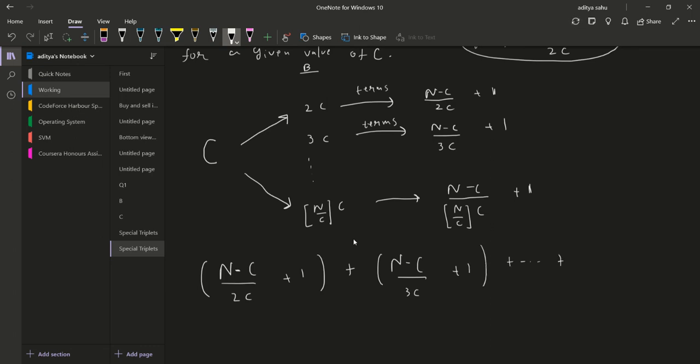Now note, the number of terms in this series is quite easy to determine. We can simply see that this series starts from a value of 2 and goes on up till n by c. So the number of terms here is n by c minus 1.